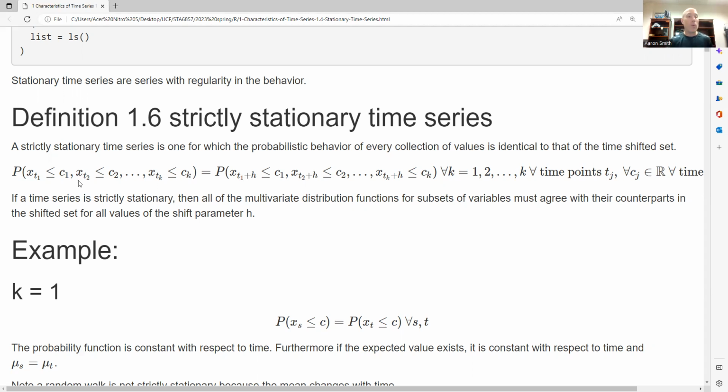So the punchline of this mathematical statement, and I know it's long, I know it's wide, is that if I look at particular points in time and I shift the time that I'm interested in with the same cutoffs, I get the same probabilities.